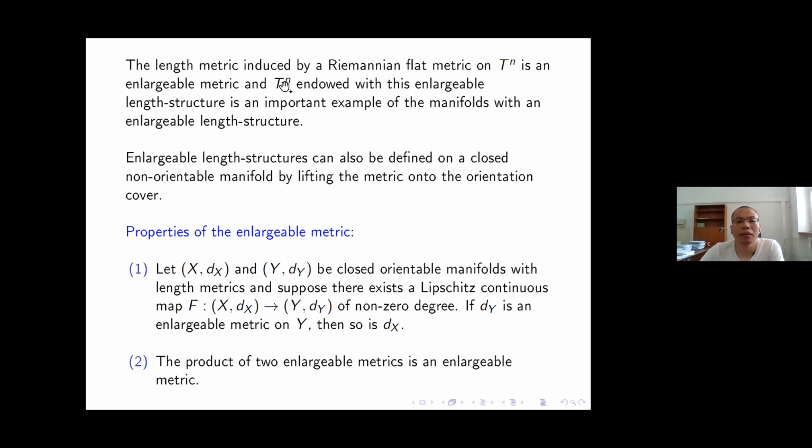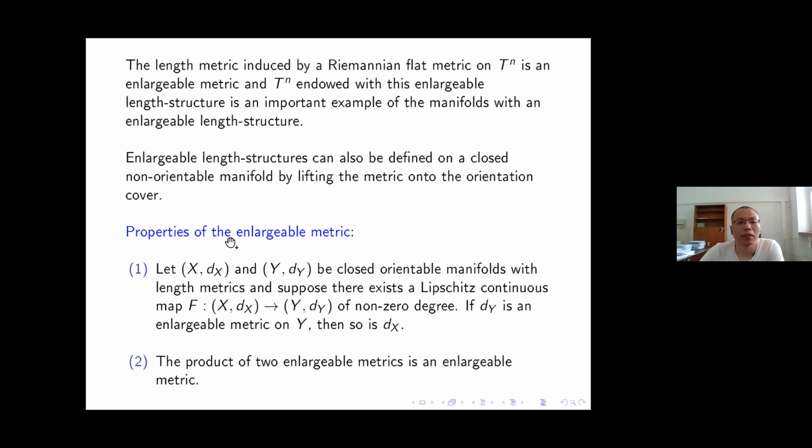And we know that the n-dimensional torus is a potent example in the study of scalar curvature. And enlargeable length structure can also be defined on a closed non-oriented manifold just by lifting the metric onto the orientation cover.